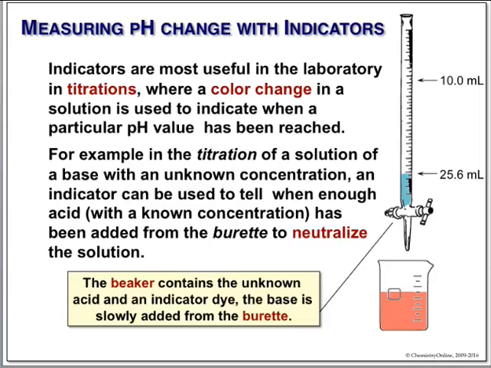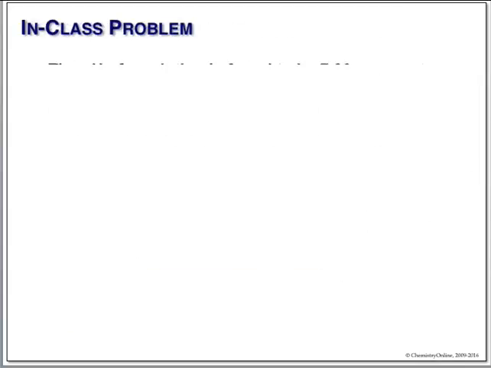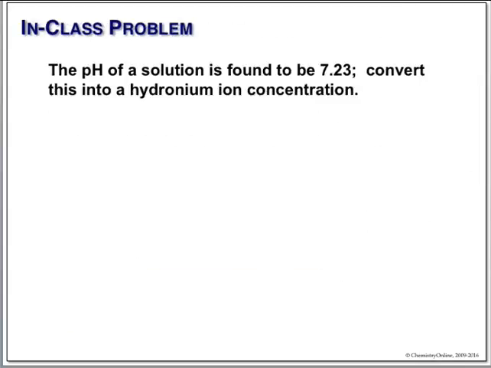Well, once we hit the first shades of pink here, our solution is neutral. Okay? So we have a neutral solution. If we have a solution with a known pH, so we stick this on our pH meter, this is almost neutral, we can calculate the hydronium ion concentration.